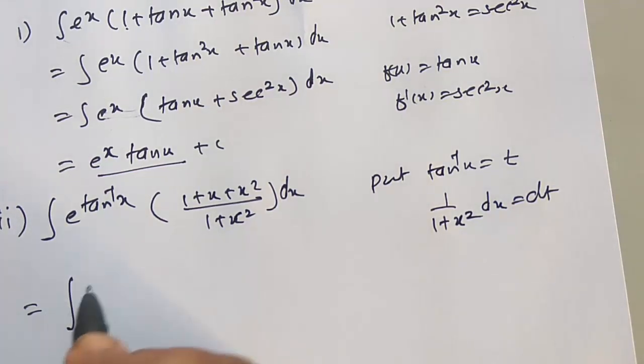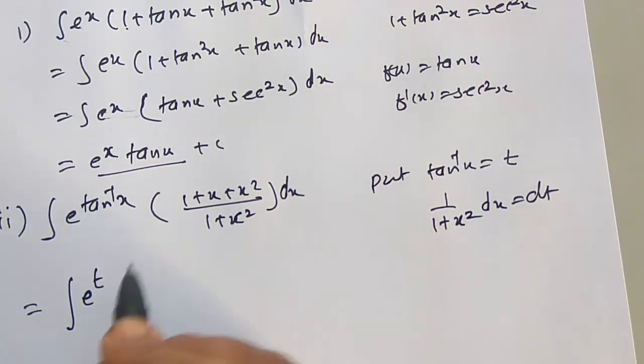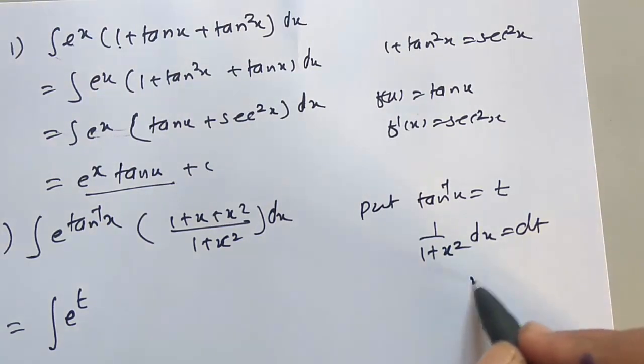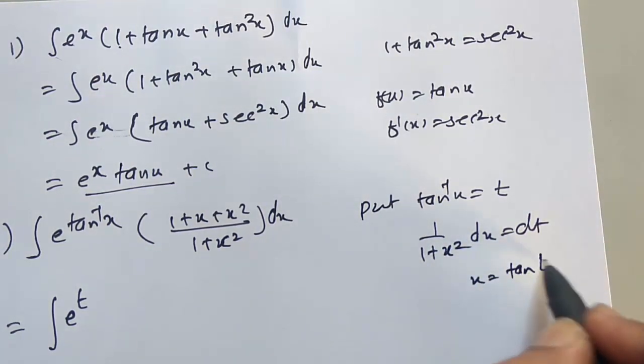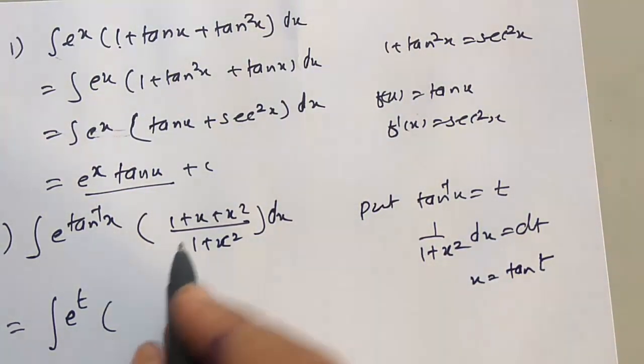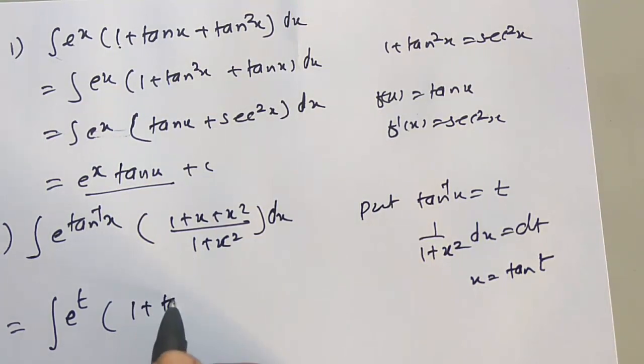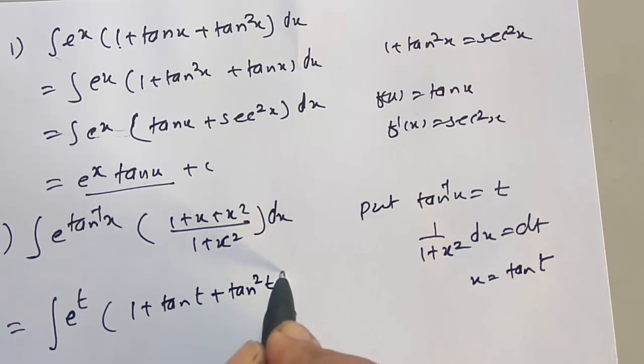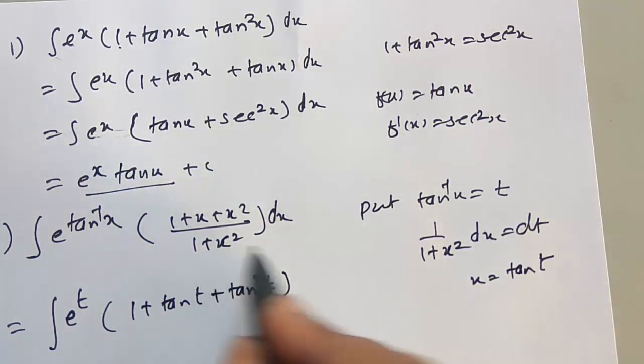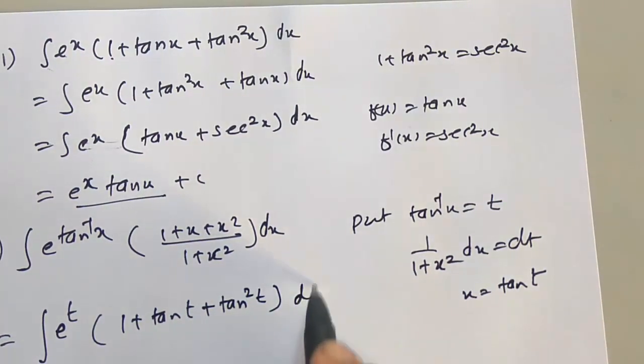Therefore the given integration becomes e raised to t. Now we replace x is equal to tan t. So it is 1 plus tan square t, and dx upon 1 plus x square is dt.